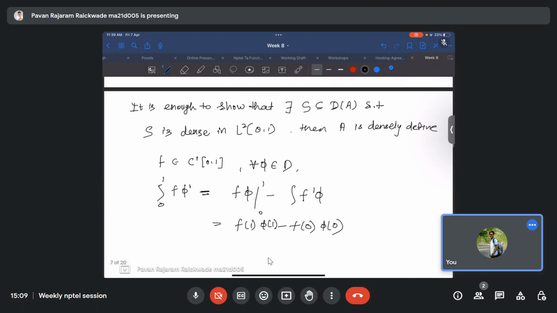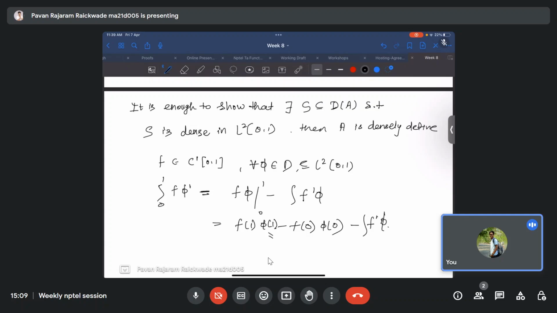But this phi belongs to D, which is a subset of L2(0,1). The convention is that L2 functions are Lebesgue integrable, so if we change a function on a measure zero set, the integral is going to be the same. So with this convention, we can assume the values at 0 and 1 are 0, since the values at 0 and 1 do not make any change.